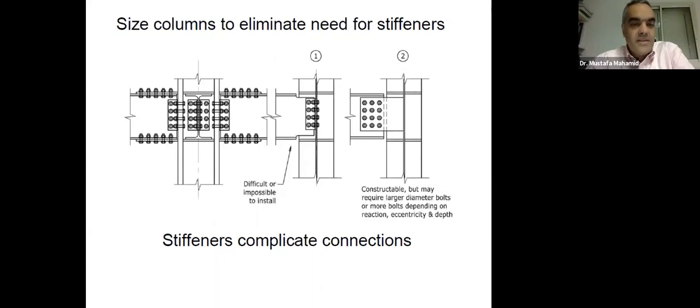It's not significant at all, changing column sizes. But having too many pieces like stiffeners and welding that you may use for connection design will end up with high cost. So consider sizing the columns larger to avoid using stiffeners at the connections.